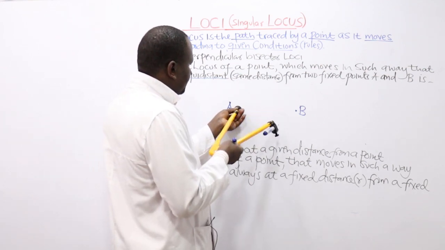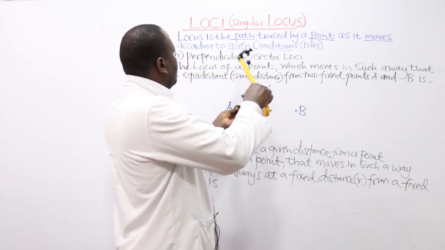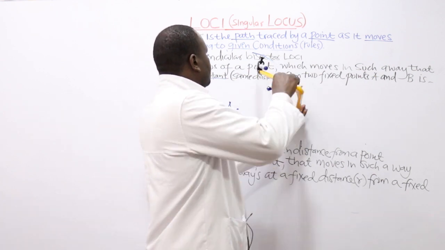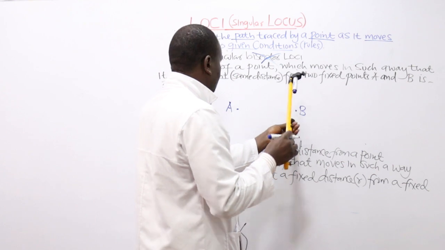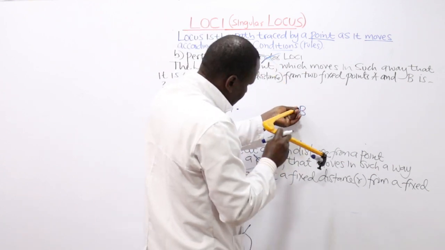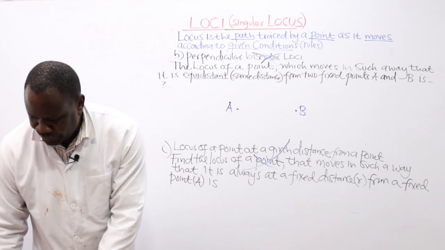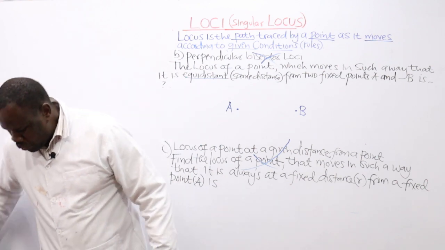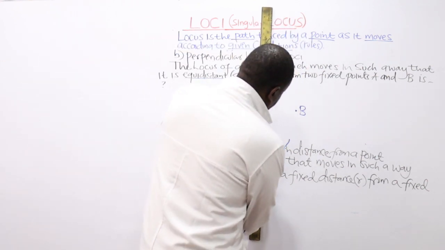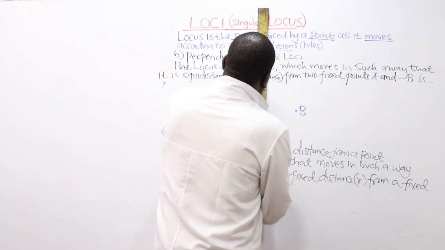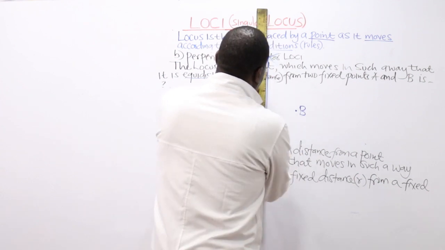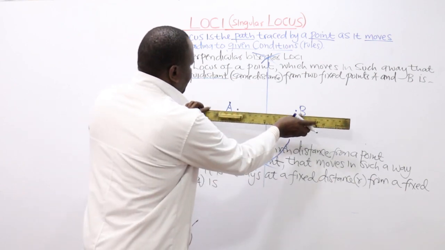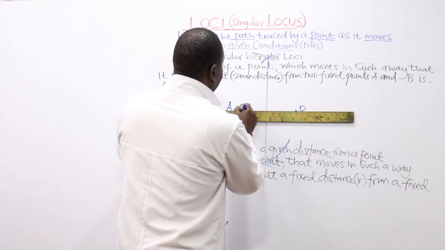So what we do, we get two perpendicular bisectors, and draw a line passing through these 2 points. Now we can join the points if we need be.